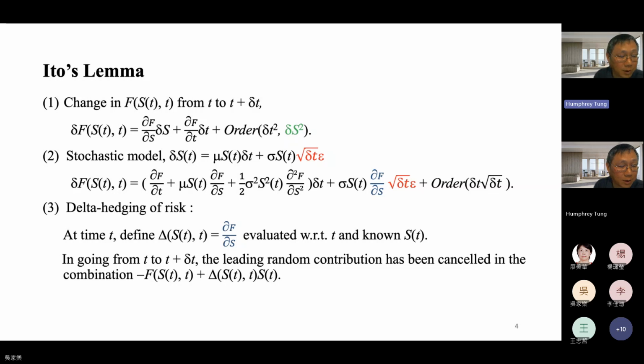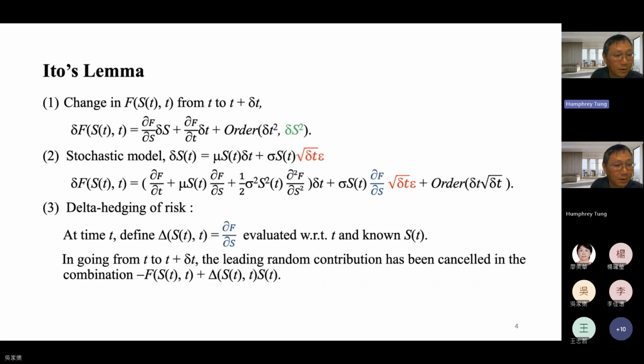Very important properties. Let's say I look at the option function at any time t, and then I move forward a tiny time, called delta t. We know the change of this option function will be random because you have a random process involved for the underlying.